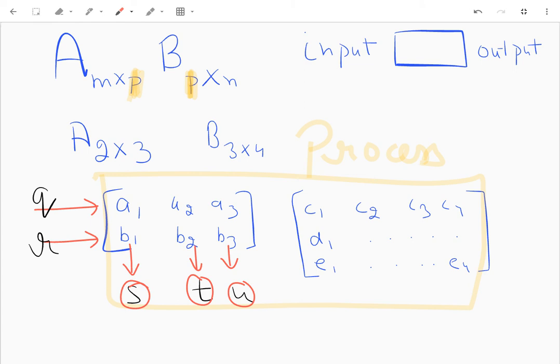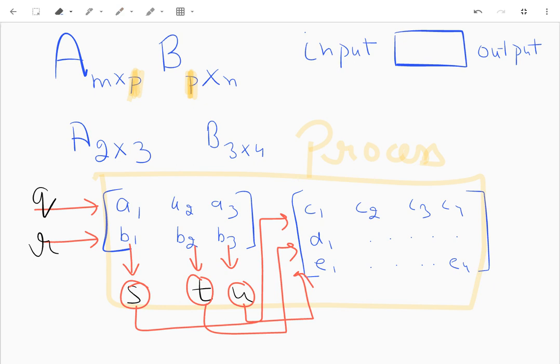Okay, so now what I need is that for the second matrix, I need a point where S can land, where T can land, and where U can land. Okay, I can't leave any of these conditions. I need to have all three of them.